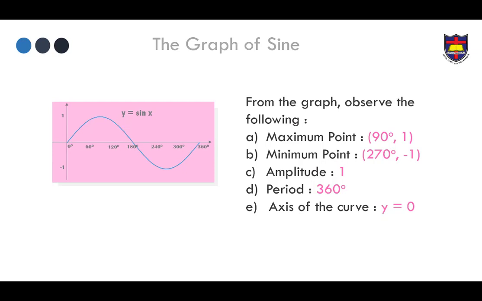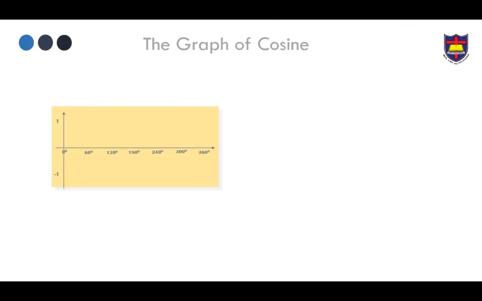So, let's go next to the graph of cosine. This is the graph of cosine. Actually, this graph is obtained by shifting the sine graph 90 degrees to the left. Now you can see that in this area, which is quadrant 1 and quadrant 4, the cosine value is positive, and between 90 degrees and 270 degrees it has a negative value.